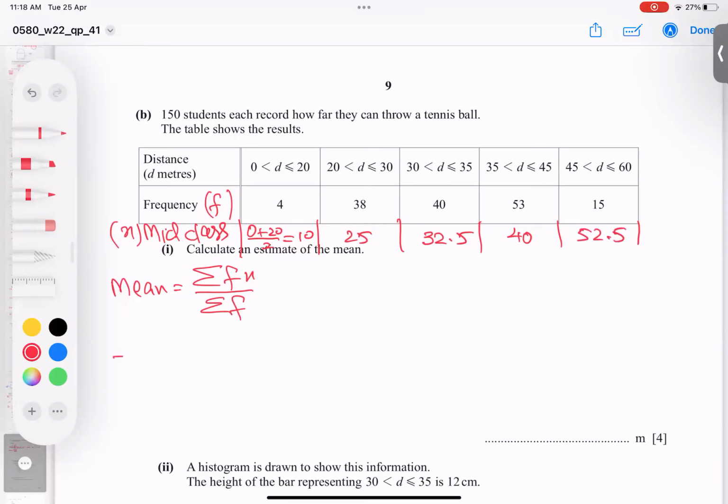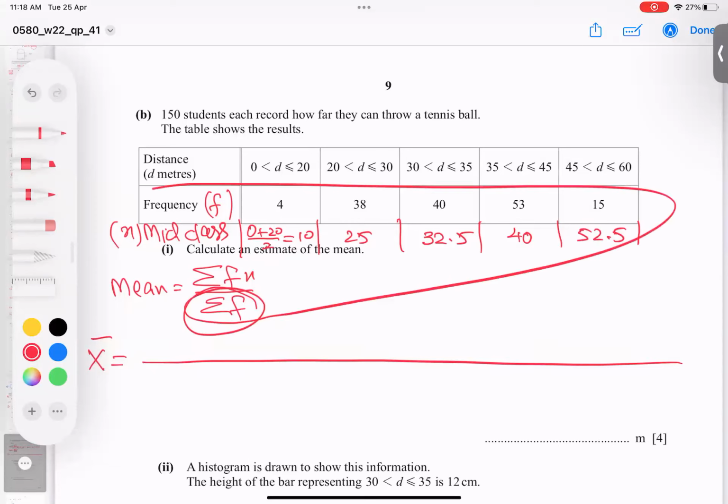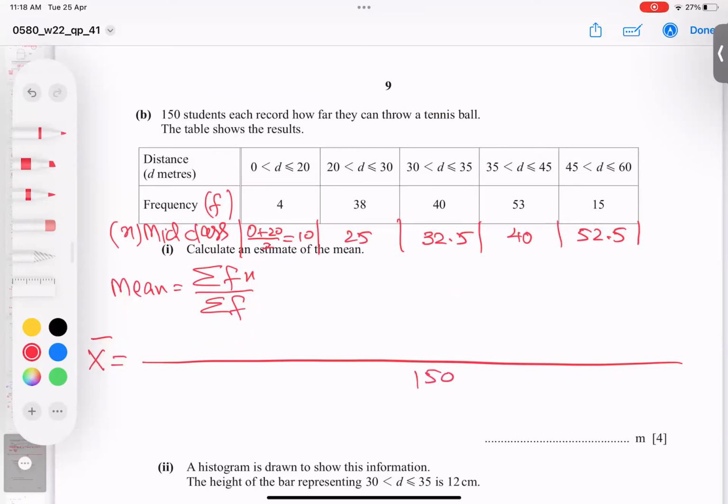Now, students, what I'm going to do is multiply fx and then add them. So first of all, 4 and 10 multiply, this multiply, multiply, multiply, and then add them all. So let's start. We represent the mean with x bar also. I'm finding the sum of frequency, means add them all, and that is 100, 150. Okay, so 4 into 10, I'm writing here, 4 into 10.